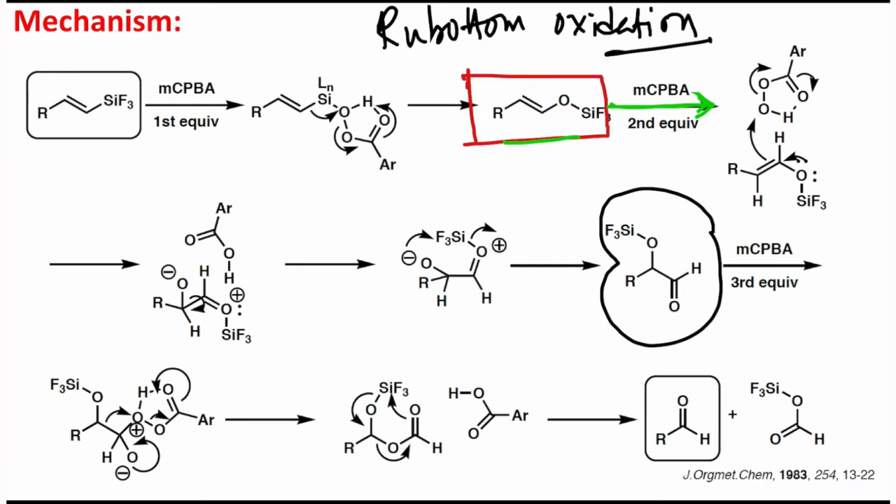Now in the third stage, using the third equivalent of m-CPBA, it reacts as usual, with nucleophilic attack on this carbonyl. Everything is fine, but here is the twist: previously hydride was abstracted or migrated, whatever you say, but in this case this carbon-carbon bond, I am talking about this carbon-carbon single bond, the sigma bond, not the double bond, will migrate.